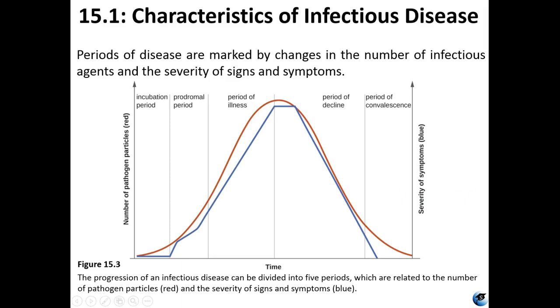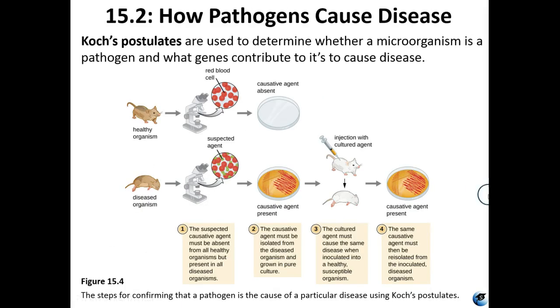We did talk already about Koch's postulates in the intro lesson, but these are used to determine whether a microorganism is a pathogen, is it infectious, and then what genes are contributing to the cause of disease. So again, the first thing is you have to be able to observe the causative agent is absent from healthy individuals, but present in diseased individuals.